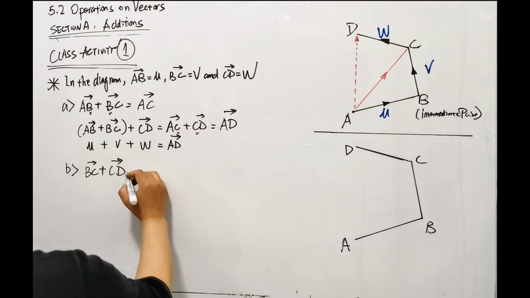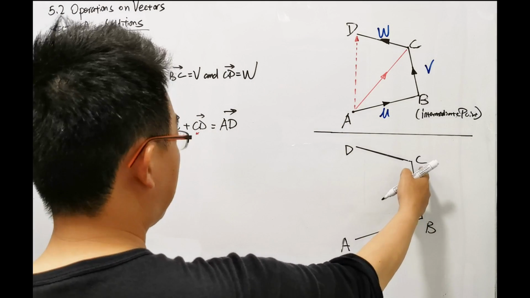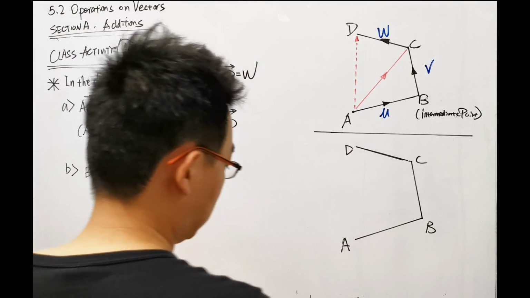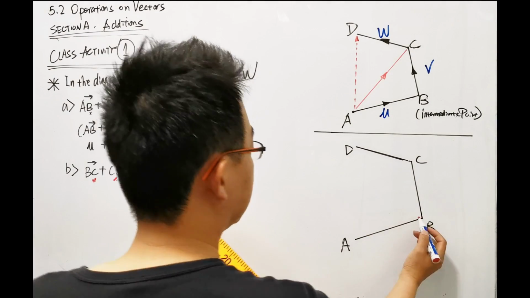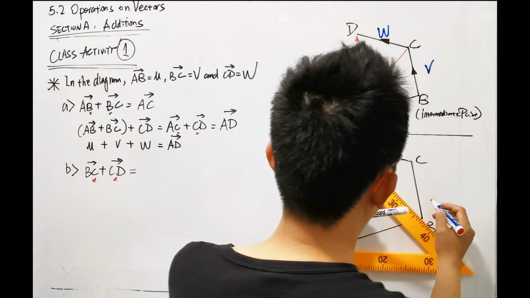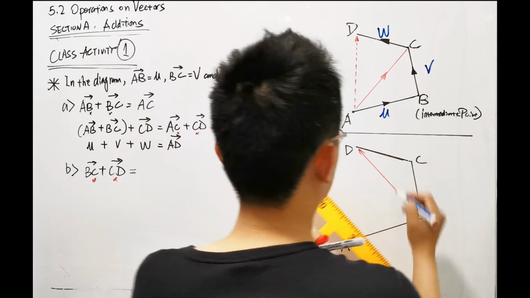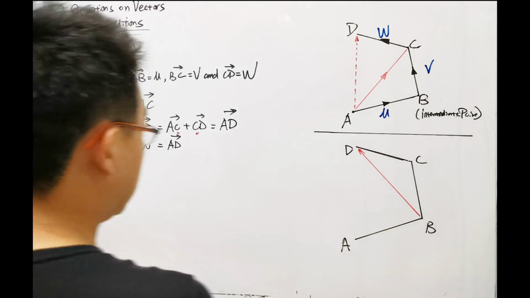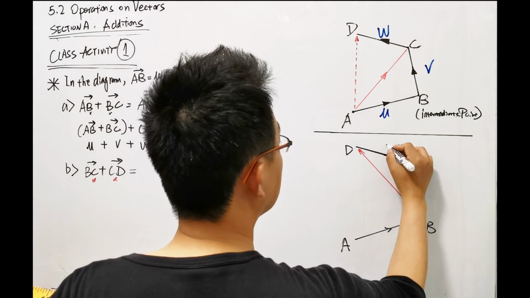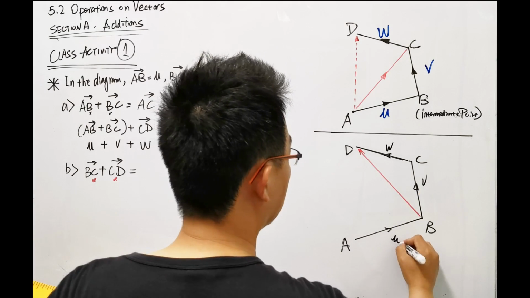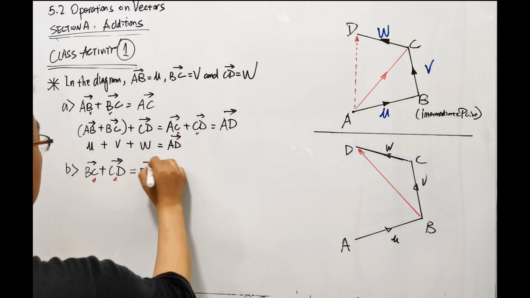So BC plus CD. We can find out that C is the intermediate point, B is the starting point, and D is the finishing point, the ending point. So we just join this up. Then we get the answer in this direction, v and w, so we will get BD, right?